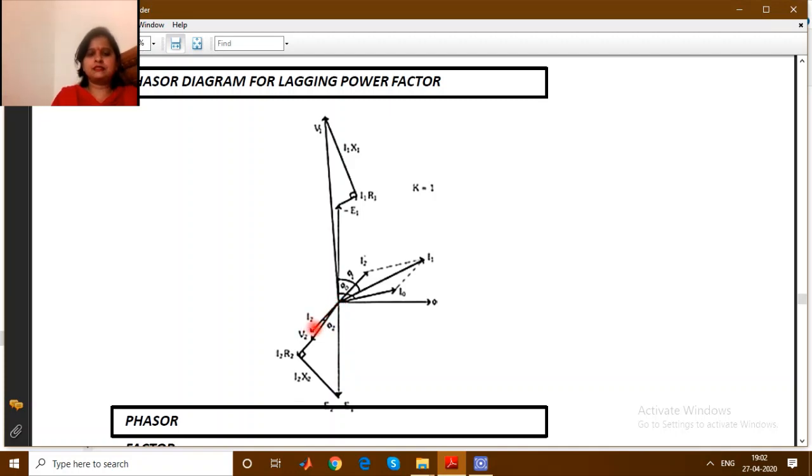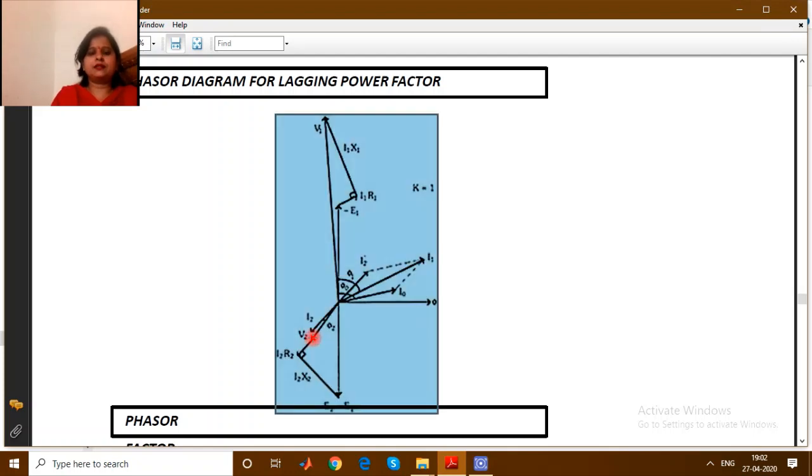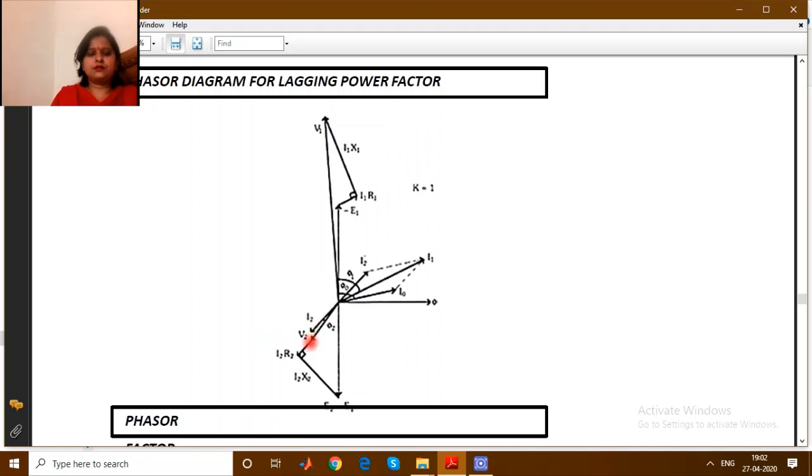So suppose this is your I2 and this is your V2, right? So I2 R2 will start from V2 and be in phase or in parallel with I2, right? We can use a parallel diagram over here. This is I2 R2.